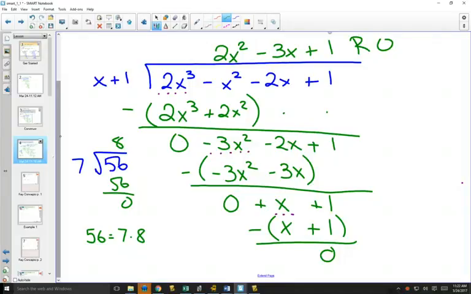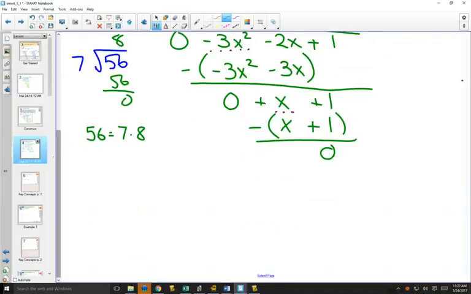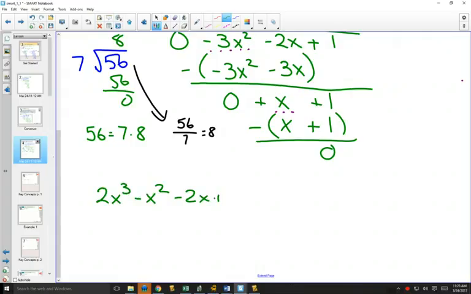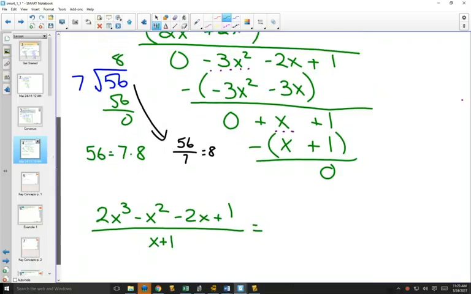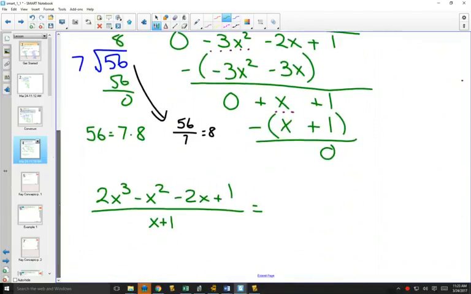So I can write this as an equation, as a statement. I can write it as a division statement, because this one right here I could also write as 56 divided by 7 is equal to 8, right? So if I wrote ours as a division statement, I would say that 2x cubed minus x squared minus 2x plus 1 divided by x plus 1 is equal to 2x squared minus 3x plus 1.